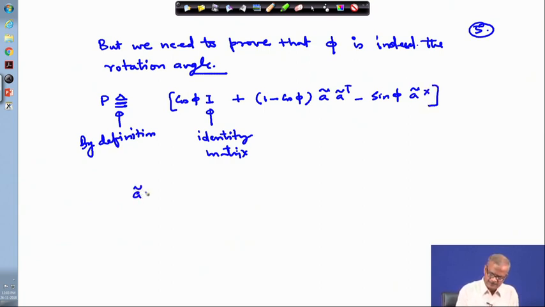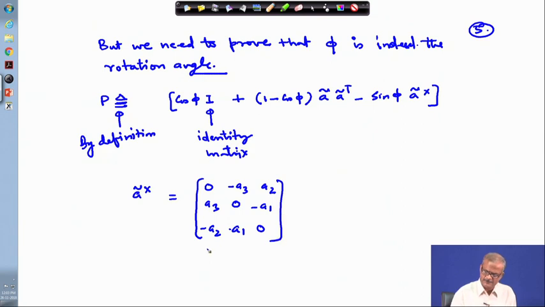As earlier defined, A tilde cross represents the skew symmetric matrix, with entries minus A 3, A 2, A 1 on this side, this will be minus A 2, and here this is A 3. So, this is your skew symmetric matrix.